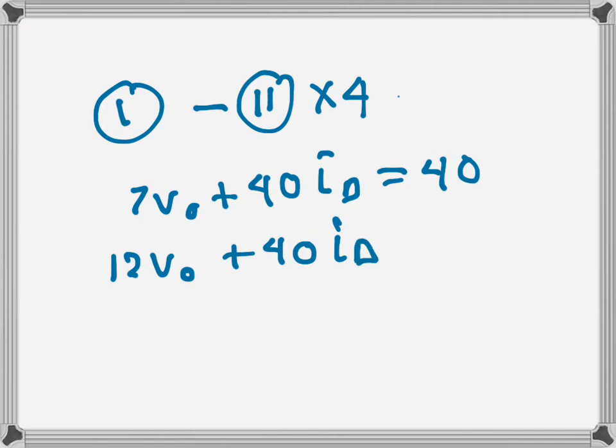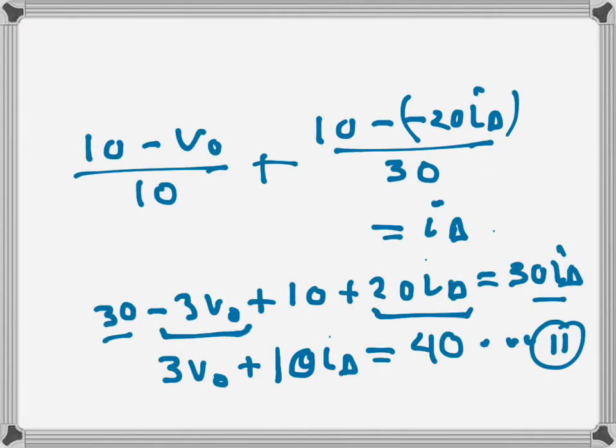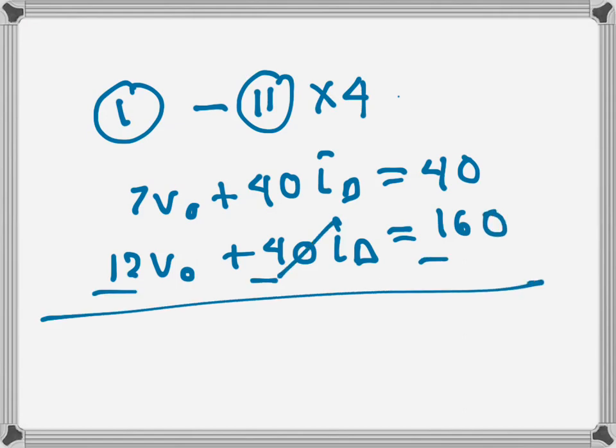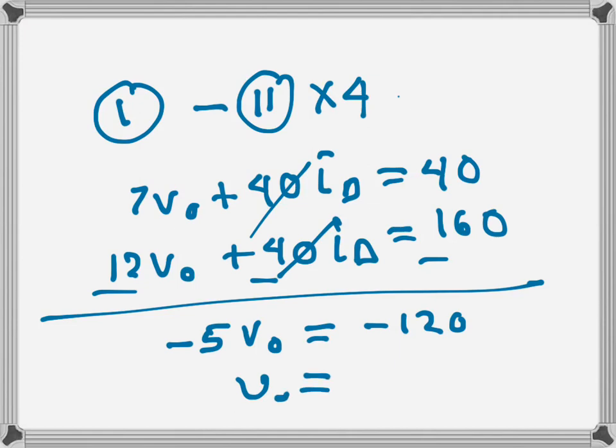Basically I am trying to cancel I delta. Once we subtract, this gets cancelled, this is minus 5 V naught and this is minus 120. So V naught equals 120 over 5, which is 24 volts.